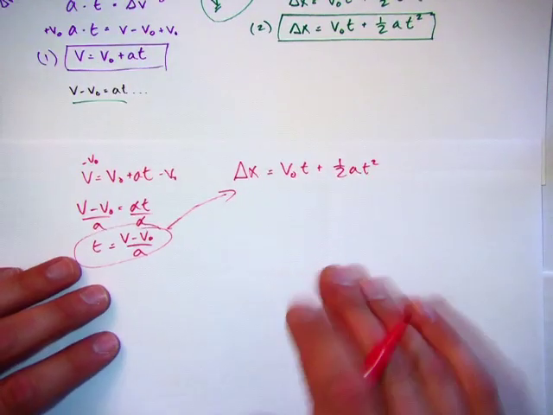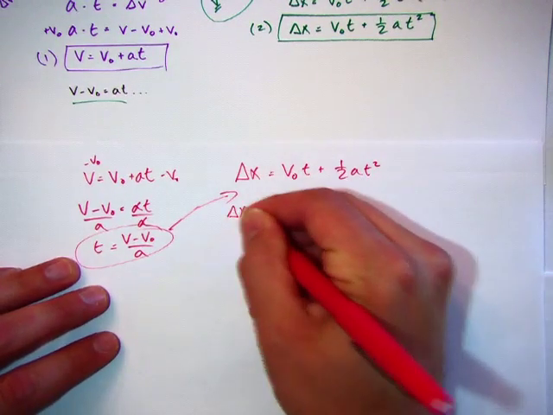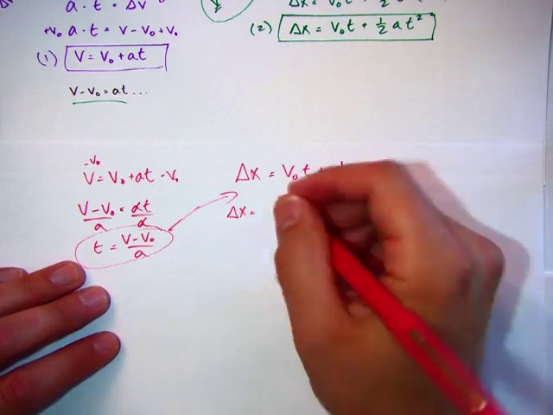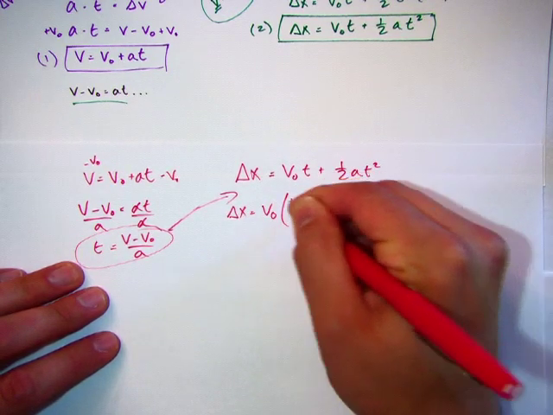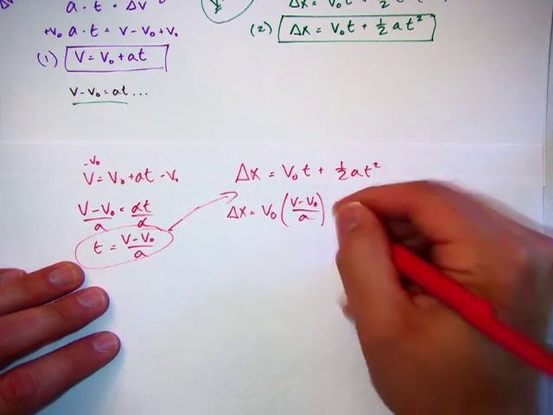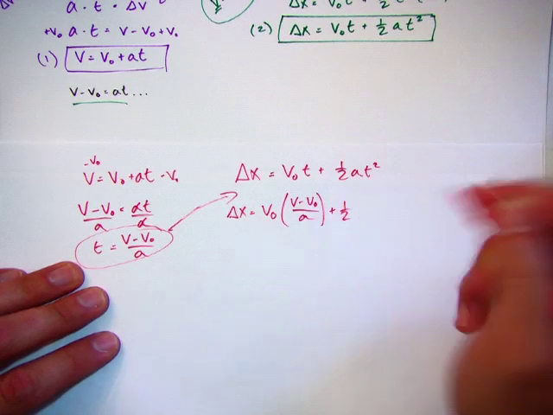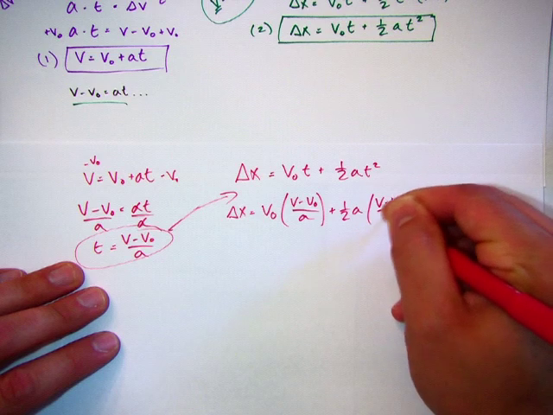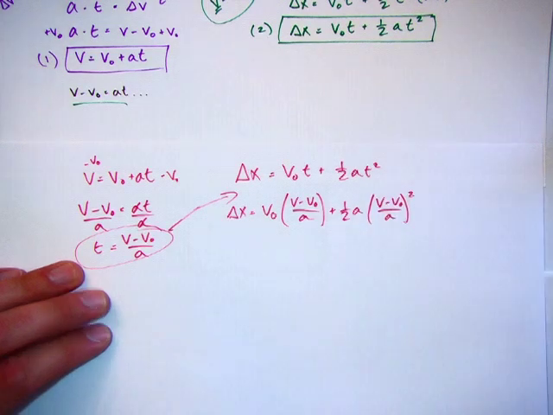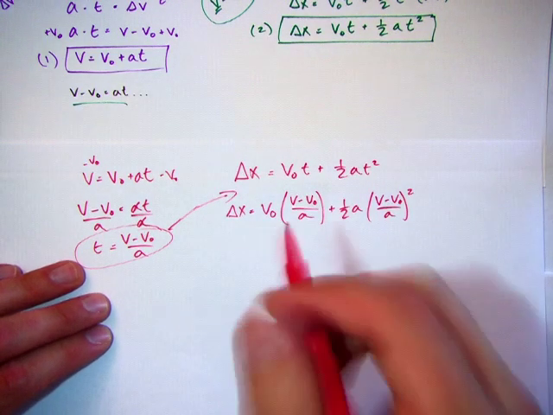Hopefully the algebra gods are with me and I don't make any mistakes on this one. Delta x equals v naught times (v minus v naught over a) plus 1/2 a times (v minus v naught over a) squared. So let's simplify.